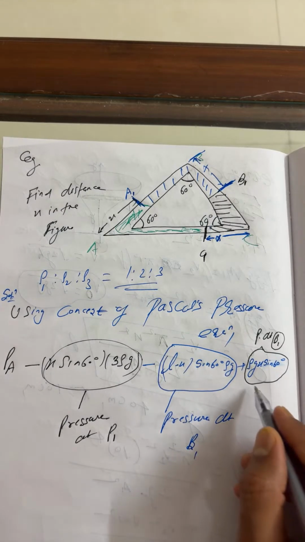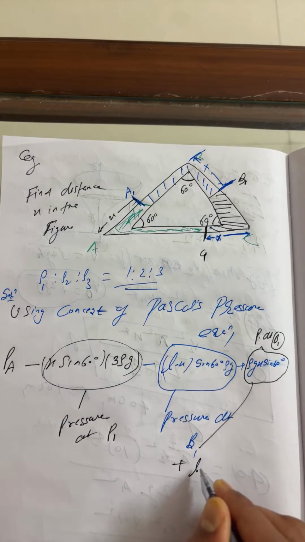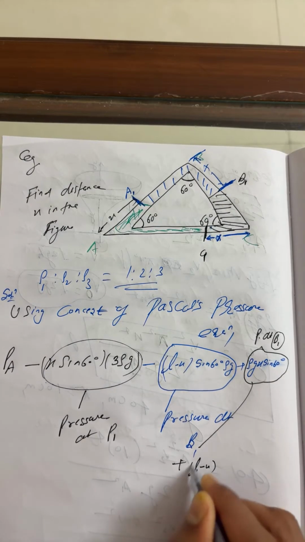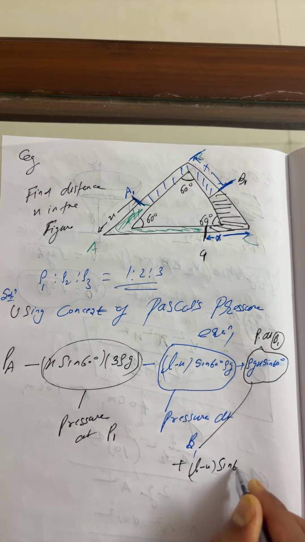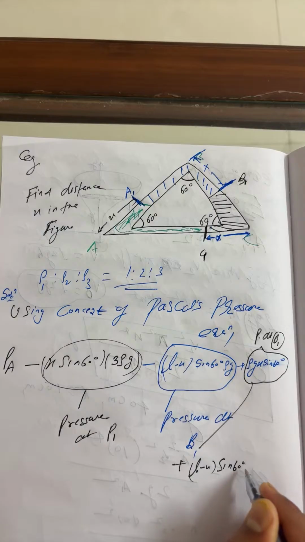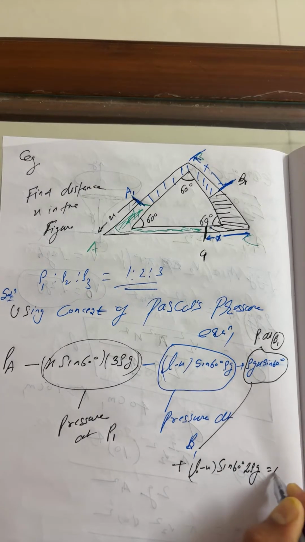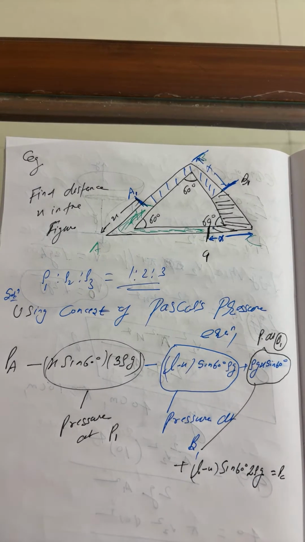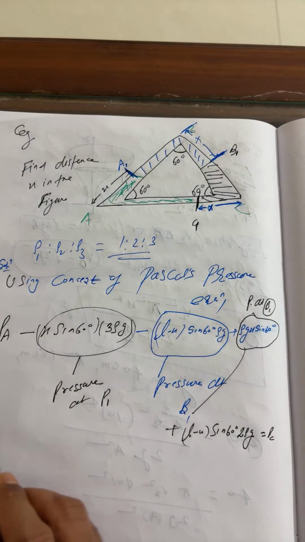Just we continue from here only. Plus this is L minus X into sine 60 degree. This is 2 rho g is equal to pressure at C. I'll write here once more.